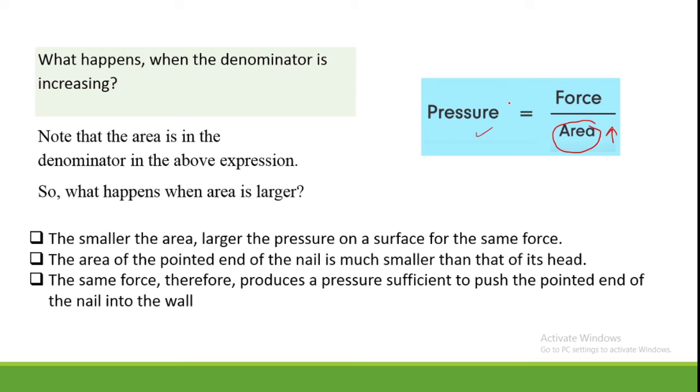So, the pressure will be larger even for the smaller force you apply, resulting in the nail going inside the wall. The same force therefore produces a pressure sufficient to push the pointed end of the nail into the wall.